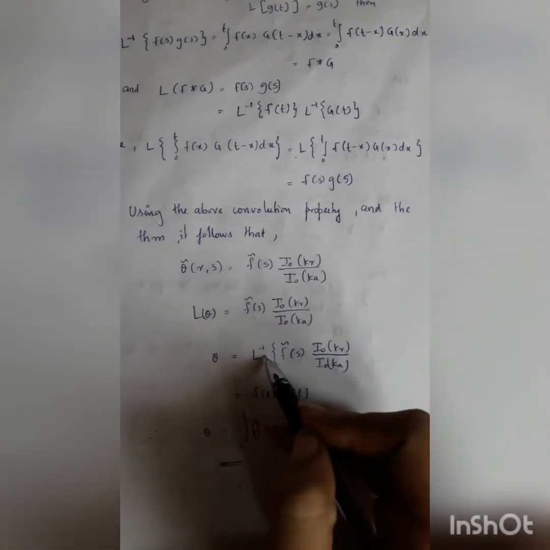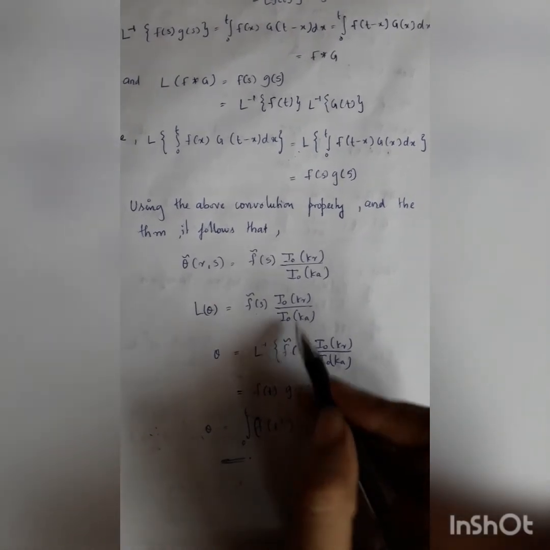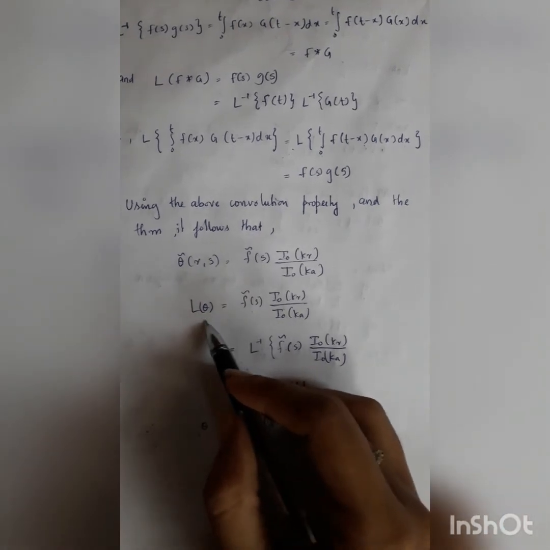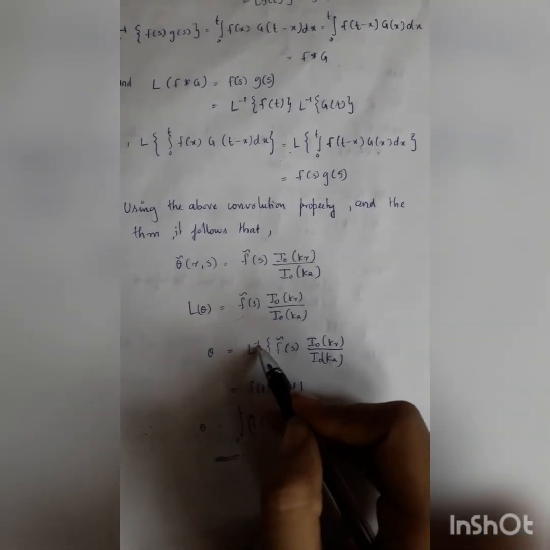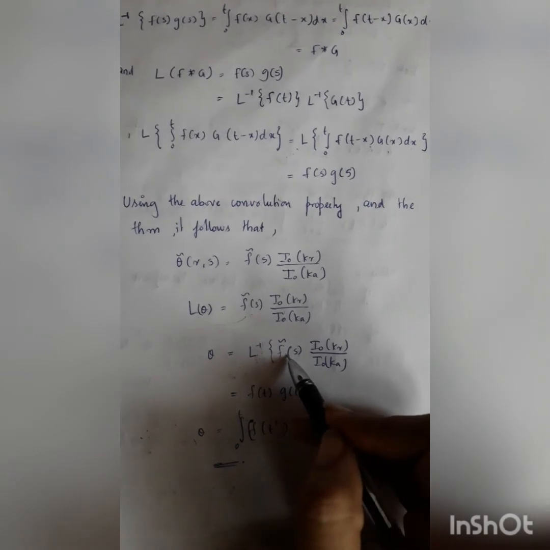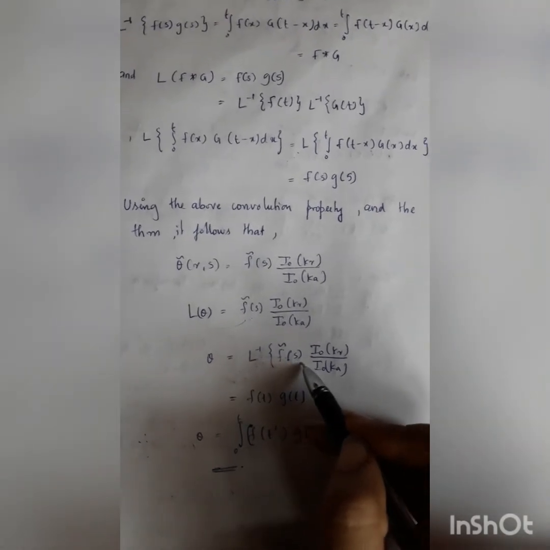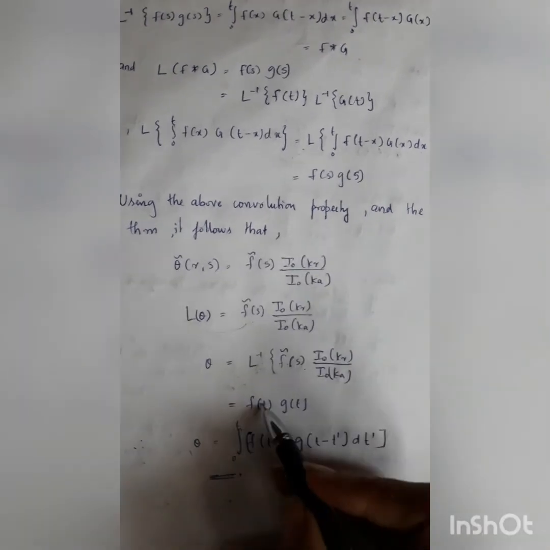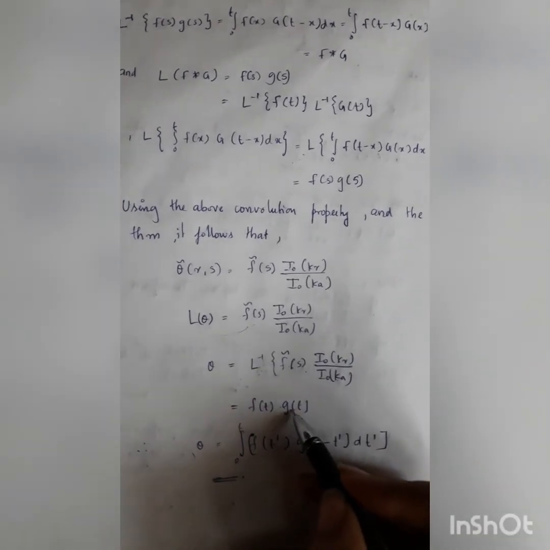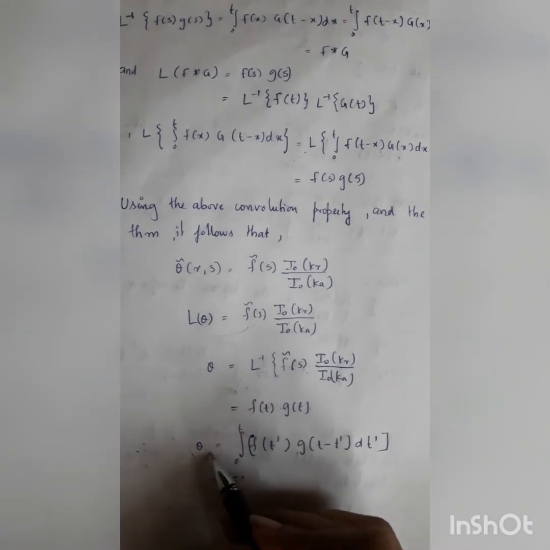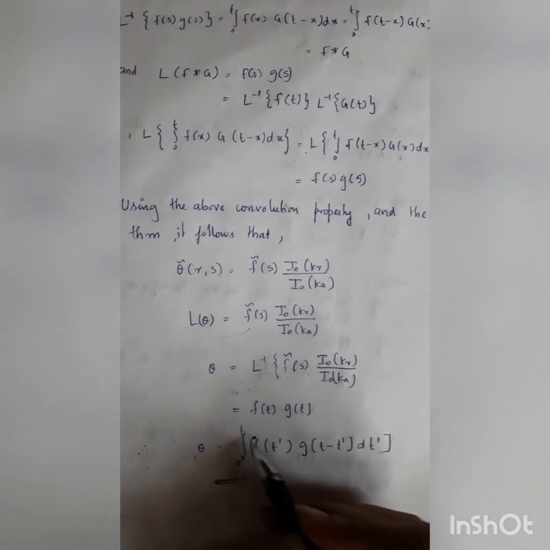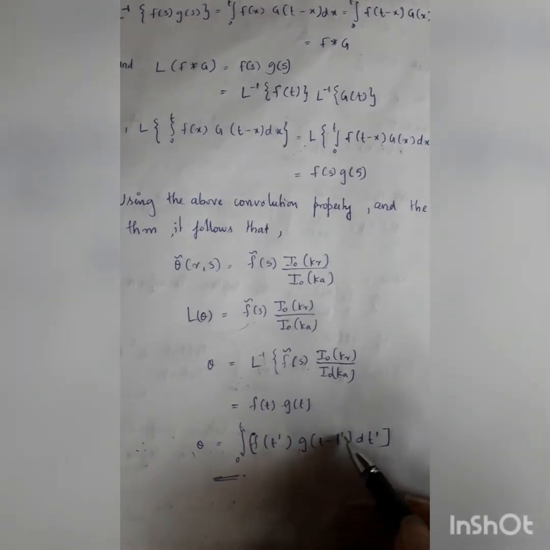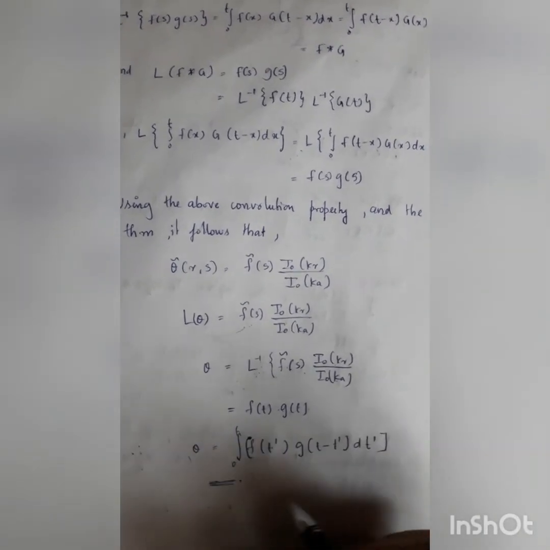Then theta equals, we take the inverse, L inverse of f tilde of s into I0 kr divided by I0 of ka, which is equal to f of t convolved with g of t. That is, theta equals the integral from 0 to t of f of t dash into g of t minus t dash dt dash. Thank you.